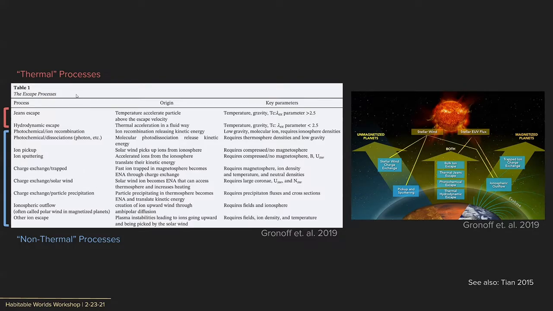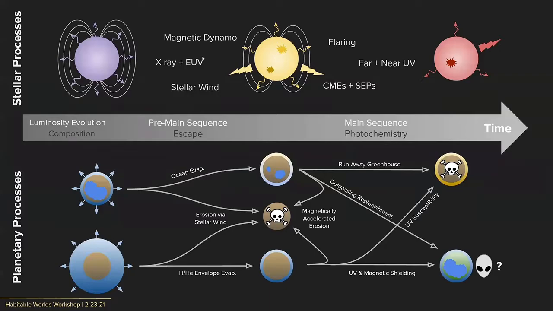So if you'd like to learn more about these, Gronoff 2019 has a fantastic review, as does Tion 2015. I highly recommend you go look at those if you want to learn the specifics of escape. I'm going to talk about a few of these in more detail in this talk.